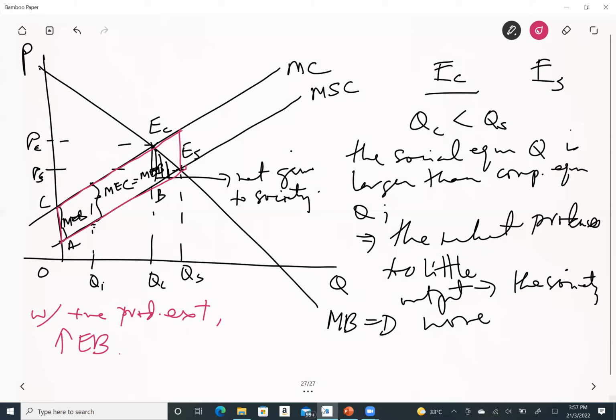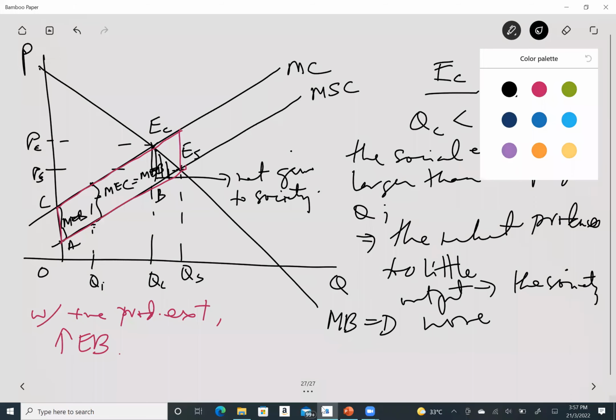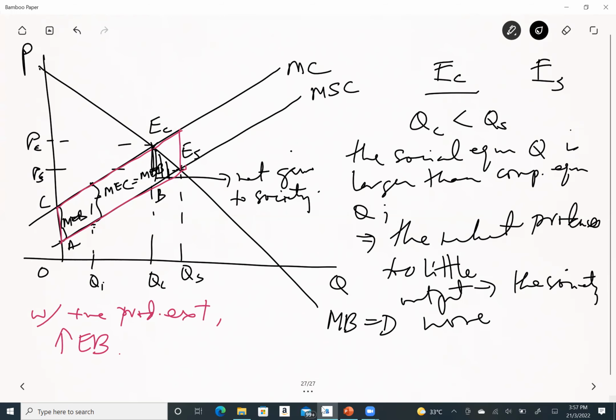So compare the areas. All right, you compare the area, first area is that area, the black one. Okay, and then with externality, the area is the one that I draw in pink.